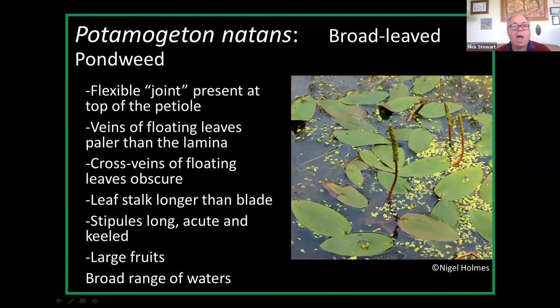So just to recap, you have Potamogeton natans, the broadleaf pondweed, which has this flexible joint at the top of the petiole. The veins of the floating leaves are paler than the rest of the leaf, and the cross veins are obscure. They have long, acute stipules and large fruits.